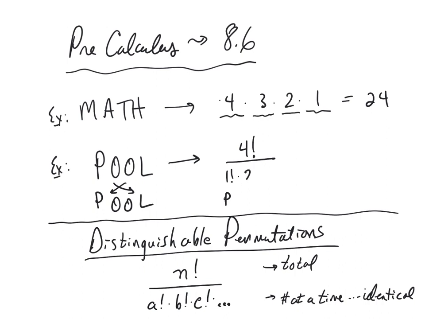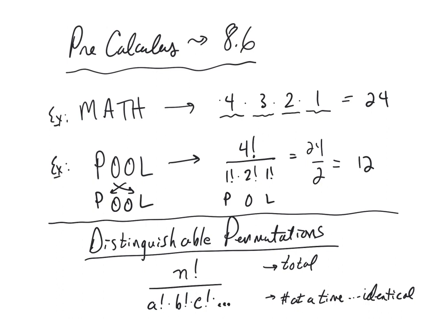We could divide by 2 factorial for the O's, which essentially just means we're removing all of the situations where the only thing we do is switch around the O's. And then if you wanted to, you could divide by 1 factorial for the L's, but you wouldn't have to do that. So what we'd end up with then is 24 divided by 2, or 12 different arrangements of letters.